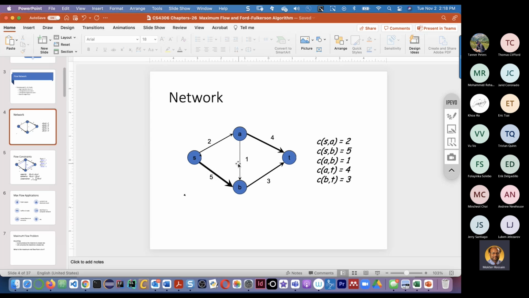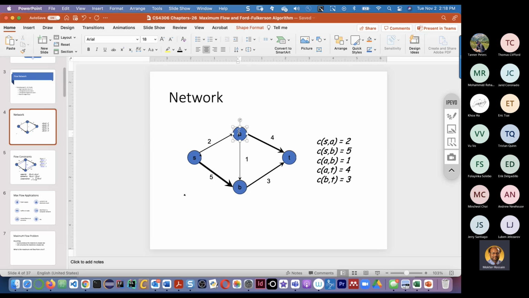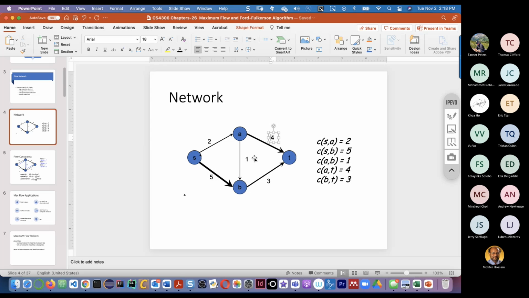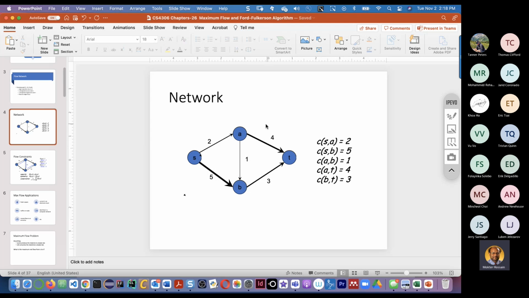So here, don't be confused about A and B. A can receive a maximum of 2 units, but although it can pass 5 units, ultimately A will pass a maximum of 2 units because A receives only 2 units.